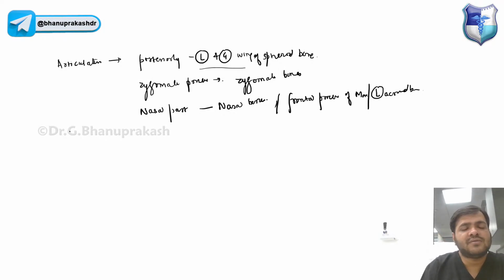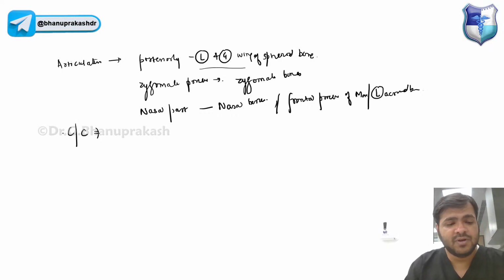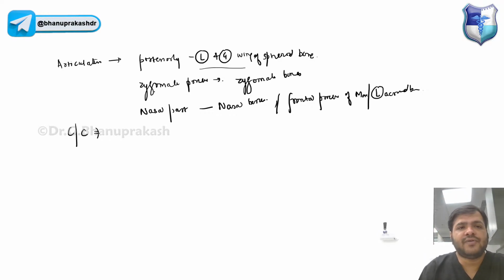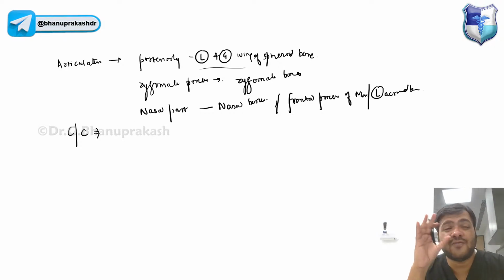Now, if we discuss the clinical correlation or applied anatomy, you already know the frontal bone ossifies in membrane. The primary centers appear, one for each half. At birth the frontal bone is made up of two halves separated by the median frontal suture, or the metopic suture.